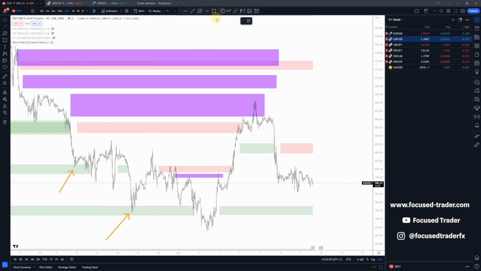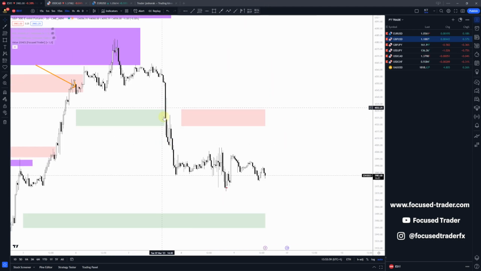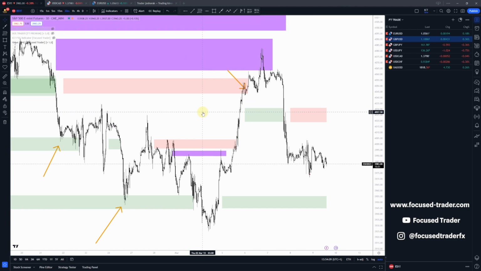Here, here, this is just some sort of accumulation and then continuation to the upside. Here is actually a very interesting situation where the market goes through this zone, and if I extend it, you see that it retests. If it goes through very fast, it retests usually. This is something that happens very often.